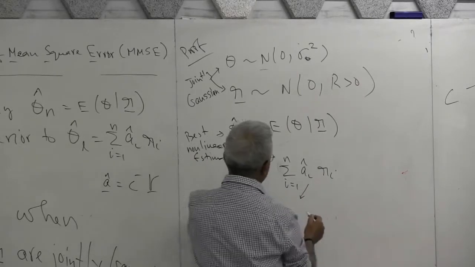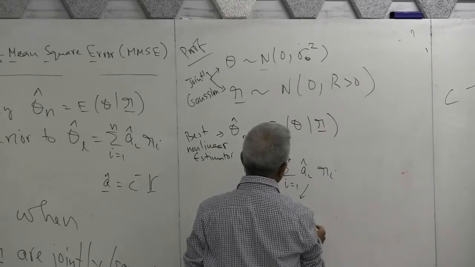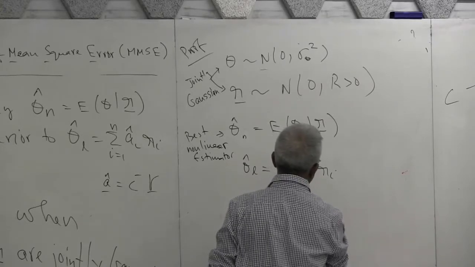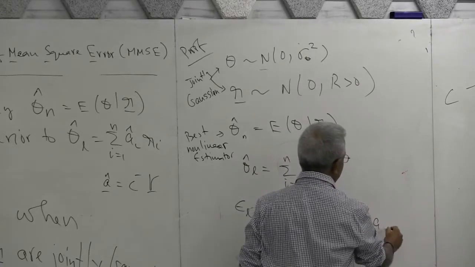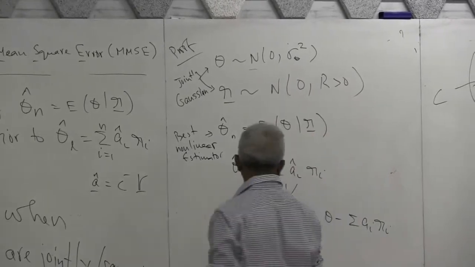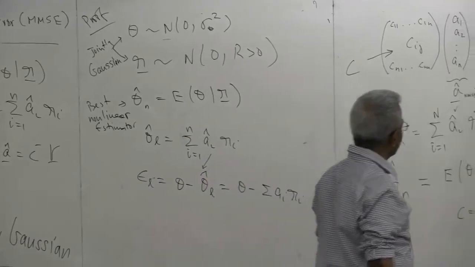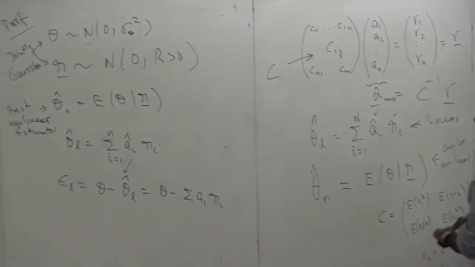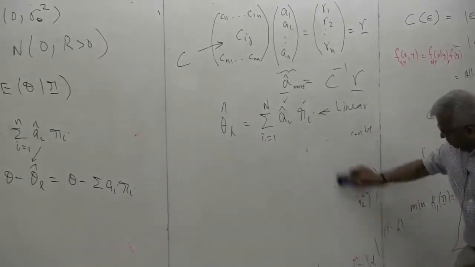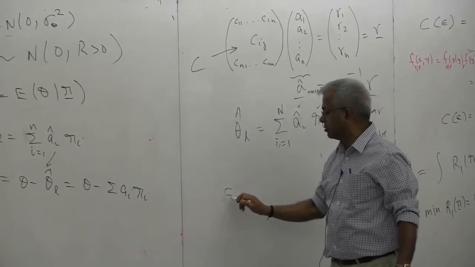Ai hat is such that the error, which is theta minus theta hat L, which is theta minus sigma ai ri, is minimized. I forgot to mention the key property here. All this is well and good. When we were doing the linear estimator, remember you can check, we had this equation with you, right?